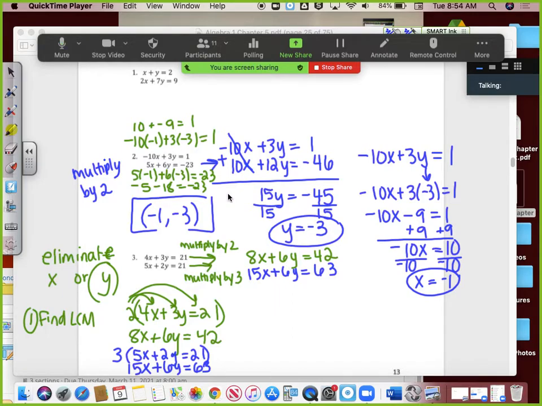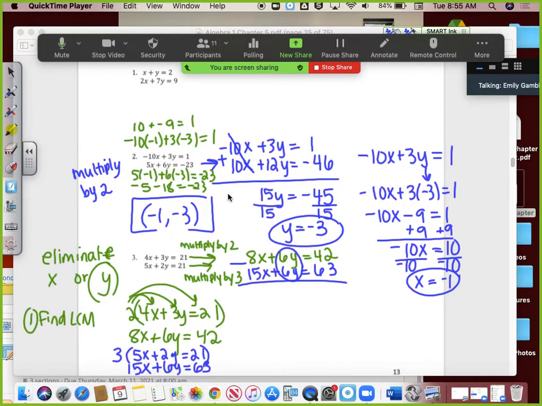Okay, everyone with me? I took the first equation, multiplied it by 2, the second equation, multiplied it by 3. Now I have these two new equations, 8x plus 6y equals 42, and 15x plus 6y equals 63. To eliminate y, since these y's are exactly the same, 6y and 6y, I will have to subtract the two equations to solve.